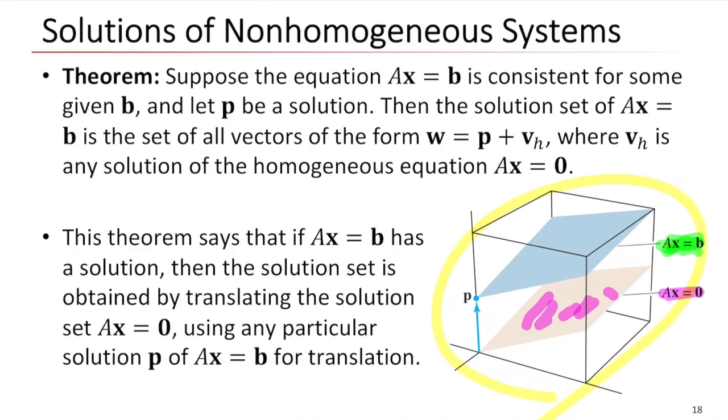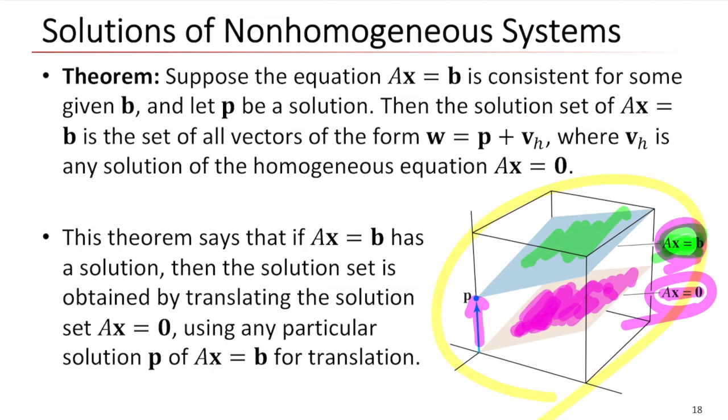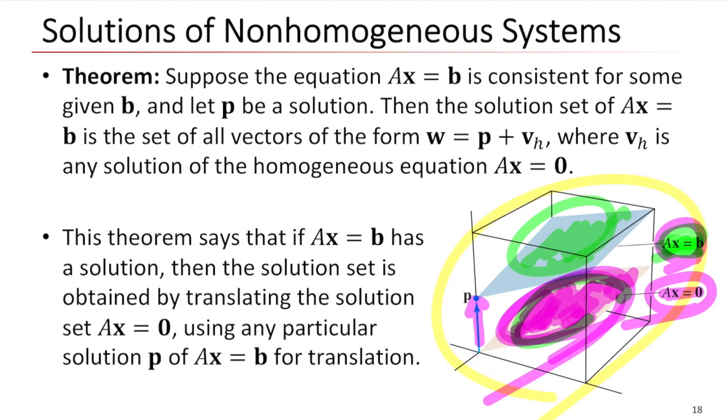In this case, the solution of this non-homogeneous system is the vector p plus a linear combination of the solutions of the homogeneous system. So the solution of Ax = b is just a shifted plane from this plane, right? The solution of Ax = b is just parallel in the 3D space to the solution of Ax = 0.